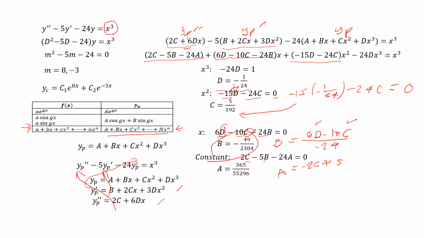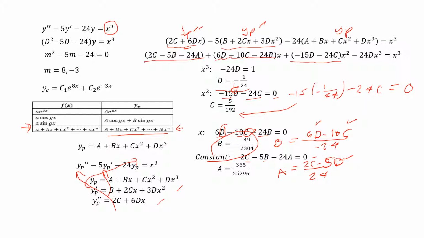By the way, how do you get a? Your a will be just 2c minus 5b divided by 24. You know already the value of c there, and you know already the value of b.